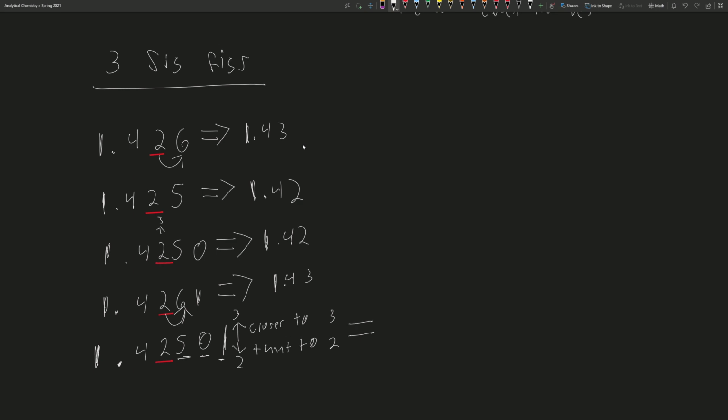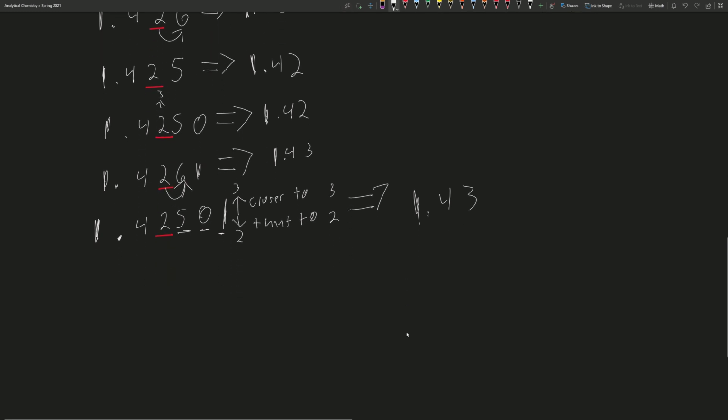Therefore, this will be rounded to 1.43. Here's our answer for this one. So the idea is if we are more than halfway to our next number, we're going to round to the nearest number. And if we are exactly halfway, we are going to round to the nearest even number.